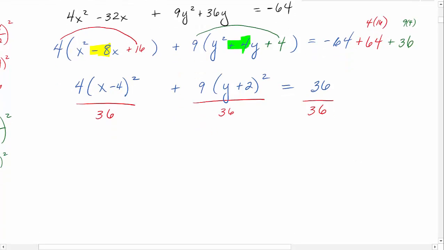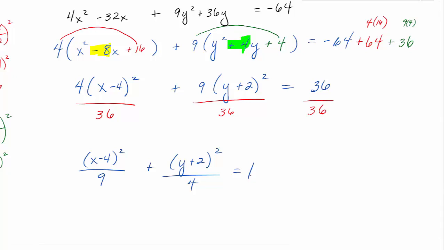Simplifying, x minus 4 squared over 9 plus y plus 2 squared over 4 is equal to 1. And now we've transformed our equation from general form to standard form, and we can get it graphed.